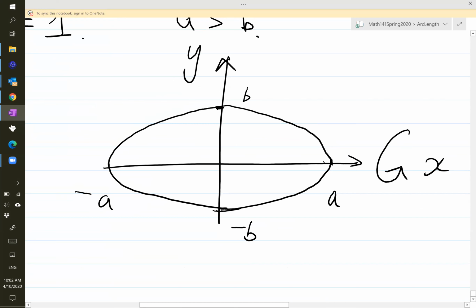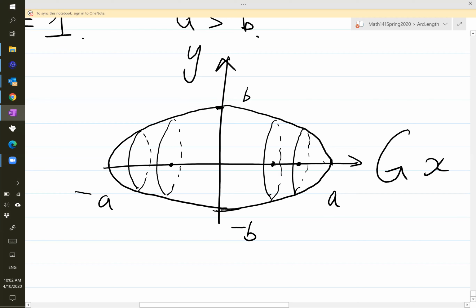So it looks like this. If you rotate it, it looks like a football.